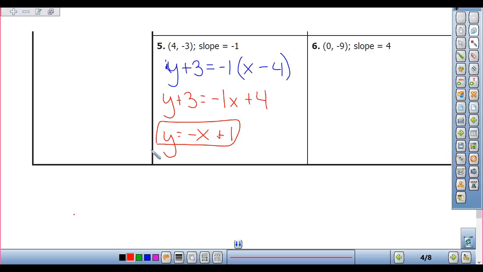All right, so then in 6, so you guys got the point slope? Distribute right?